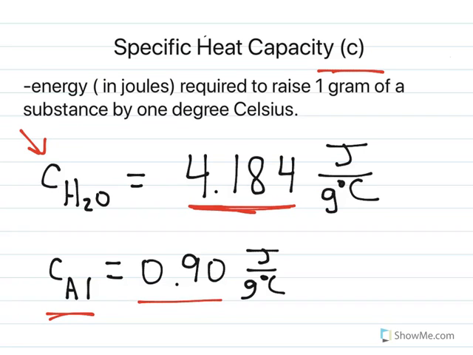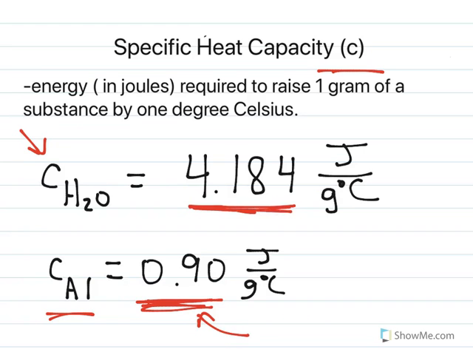What this means is that water is more able to absorb heat without as rapidly changing temperatures. If you think about putting a sample of a metal, like aluminum, into a fire, even for a brief moment, that's a lot of energy being subjected to it. And since it has a low specific heat capacity, it can only absorb 0.90 joules per gram before it starts changing by a degree Celsius.